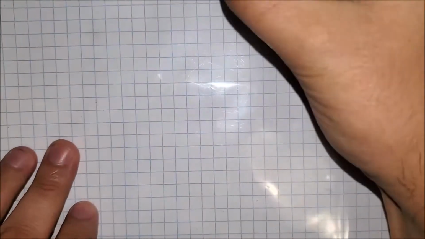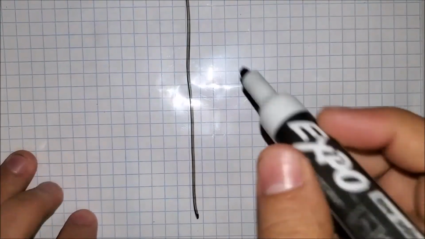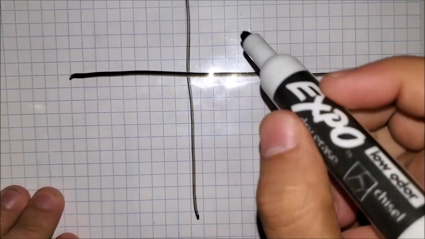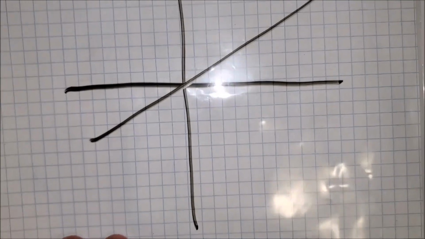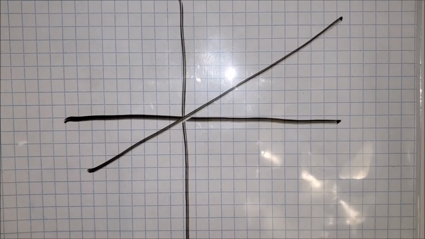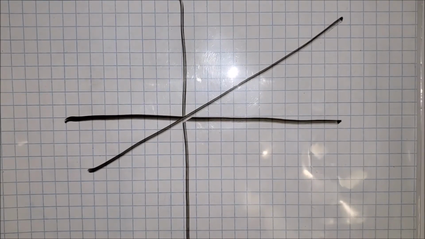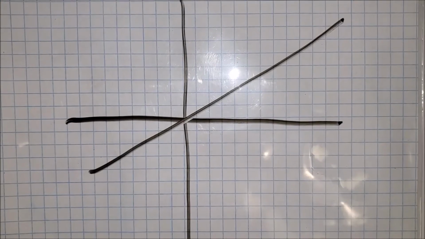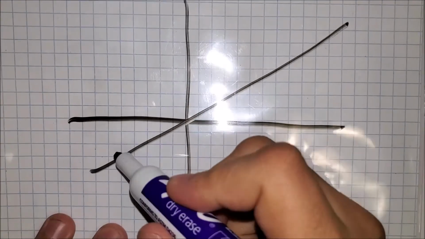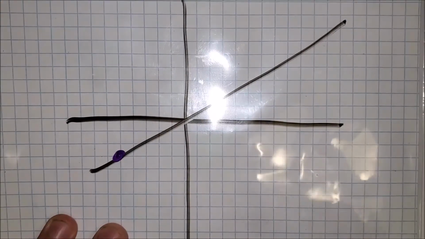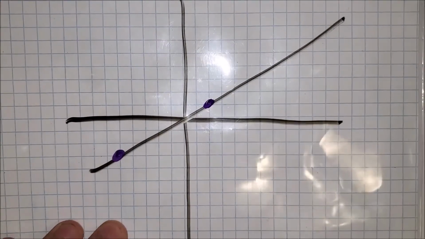So let's work out a short little example, just to kind of see. So suppose we have a graph, and our line passes through a few points. Now, if we look closely, we can actually find 2 points where this passes through. Passes through here, and it passes through a point right here.